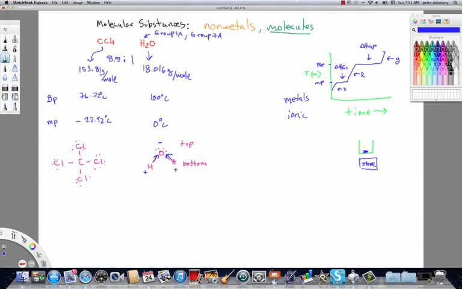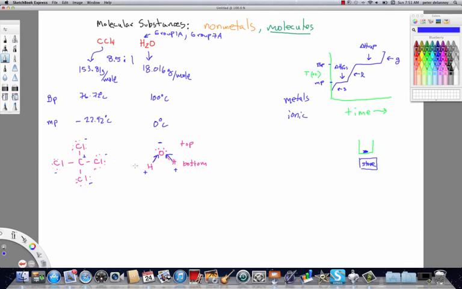In terms of the carbon tetrachloride molecule, there will be a similar issue here in that the Cls are going to be slightly more electronegative than the carbon. So we can go around and put little partial negative charges on the Cls. We can put a little partial positive charge on the C.